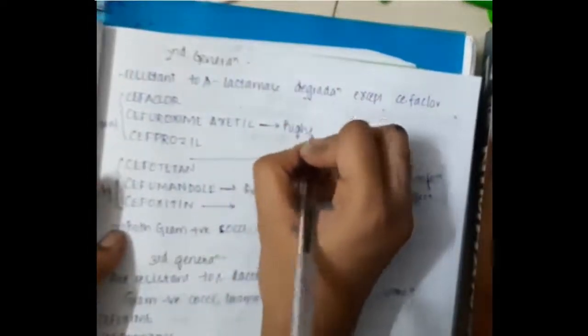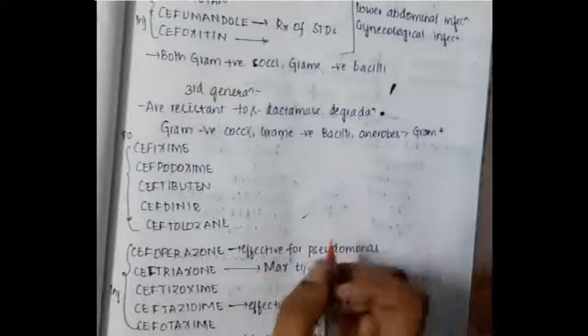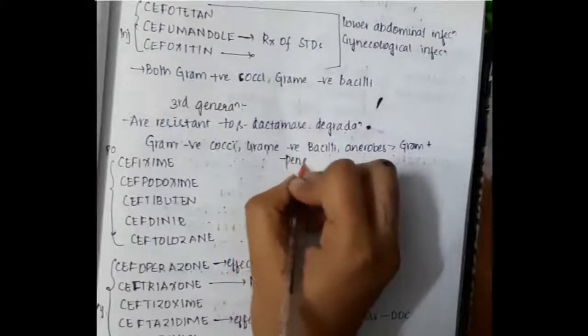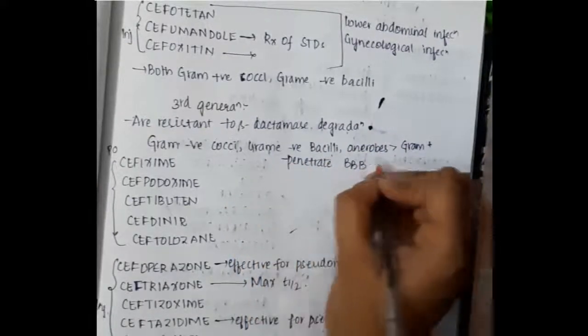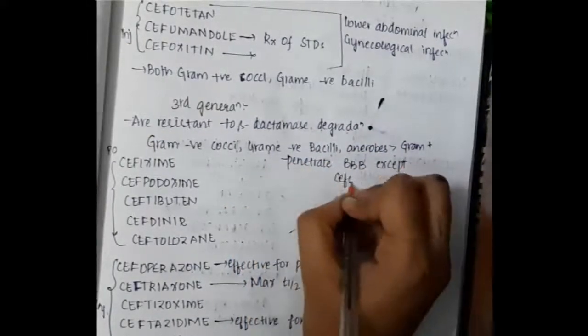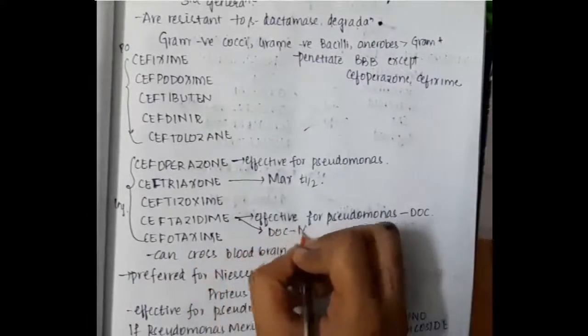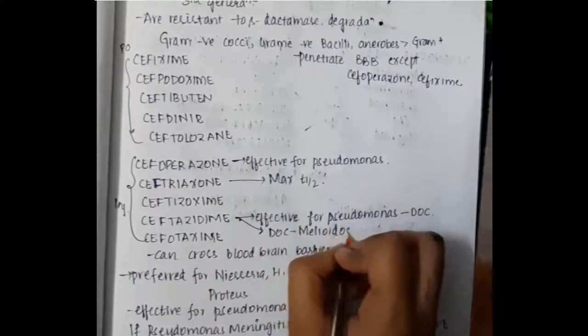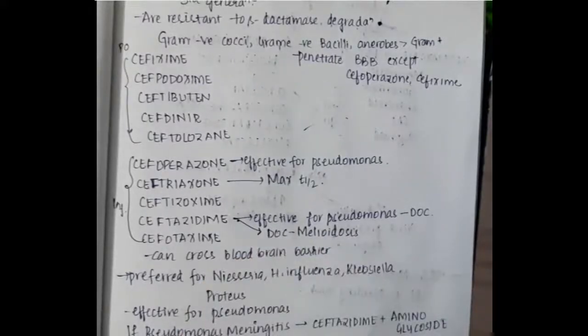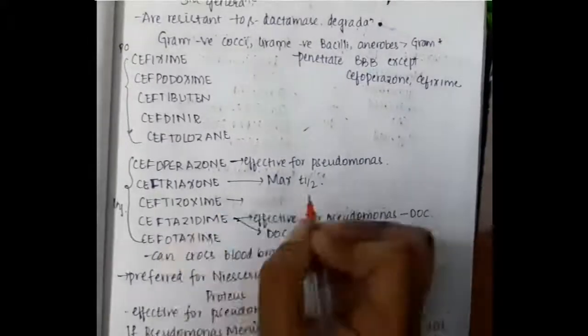But before that, cefuroxime axetil is present in higher concentration in CSF, whereas third generation cephalosporins also penetrate the blood-brain barrier except two drugs: cefoperazone and cefixime will not penetrate it.